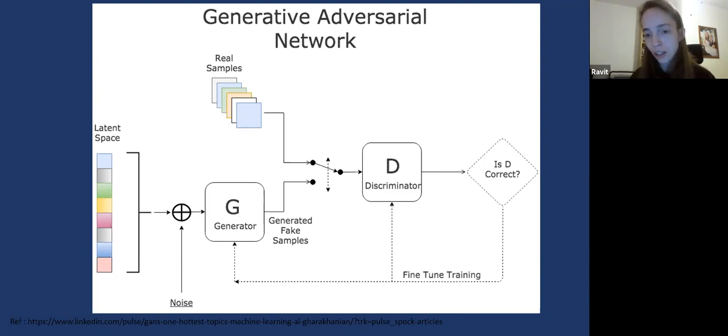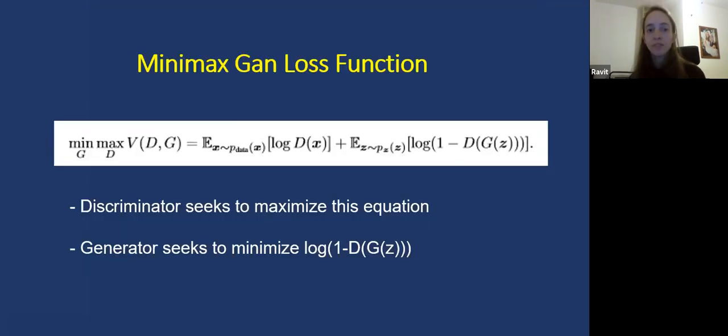And eventually, the discriminator and the generator reach equilibrium in which the discriminator discriminates correctly around 50% of the time. This is in ideal cases, as I said. In the next slides, I will say why it's ideal and why in reality it usually doesn't happen.